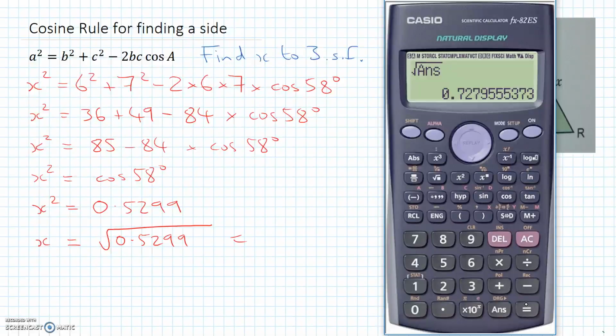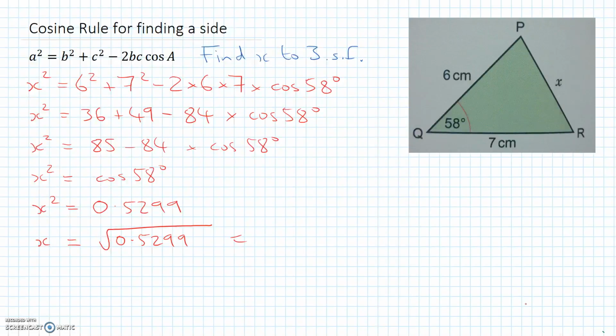So we want 3 significant figures, so we need 0.728. We're going to round that 7 up to an 8. So to 3 significant figures, we've got 0.728. And we've got units, so we need centimetres.